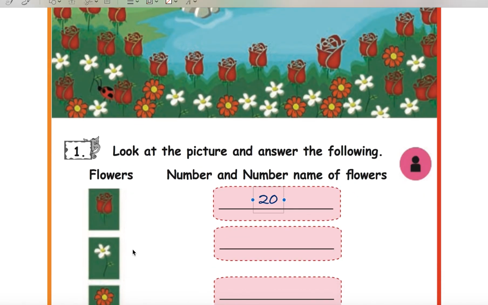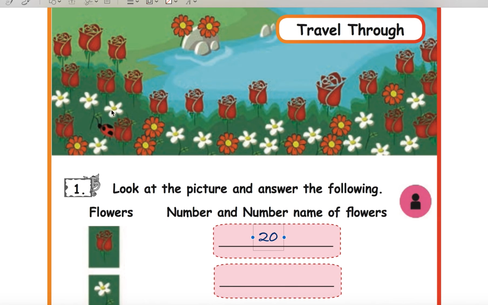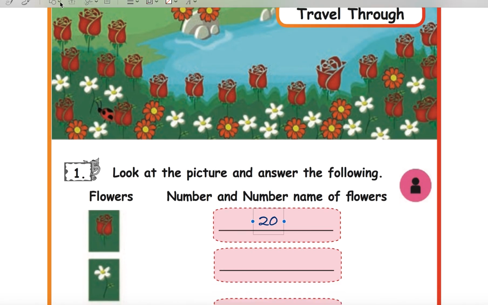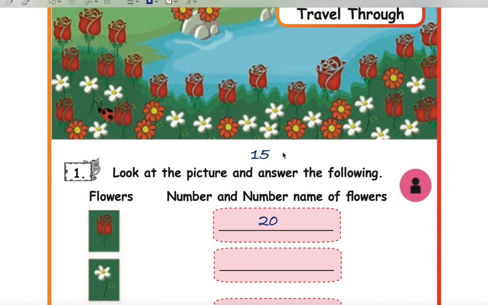Okay, this flower, how many flowers does the picture have? 1, 2, 3, 4, 5, 6, 7, 8, 9, 10, 11, 12, 13, 14, 15. Now it is 15.